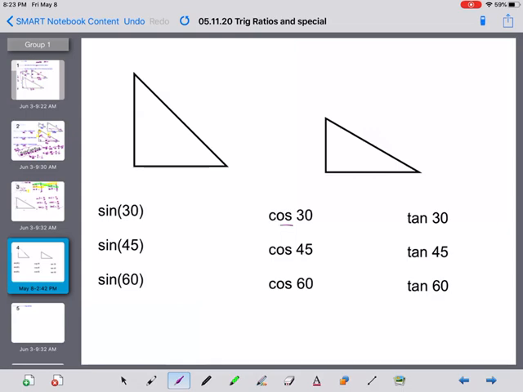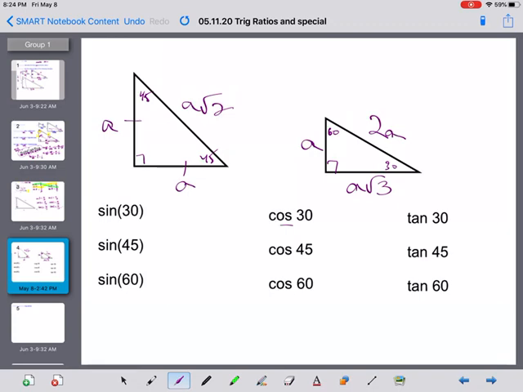I can actually have you calculate these special sine, cosine, and tangent values only because we know the special right triangle shortcuts. So if you have a 45, 45, 90 right triangle, the lengths will always be A, A, A radical 2, and a 30, 60, 90, A, A radical 3, and 2A for the hypotenuse.